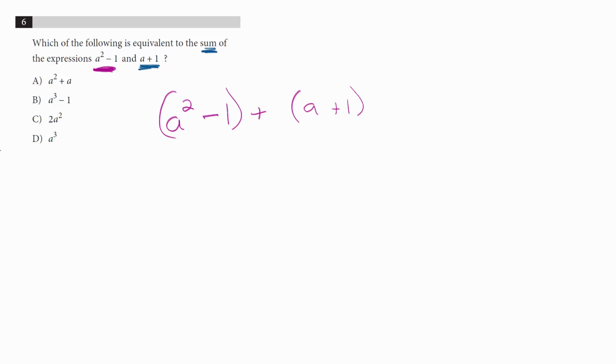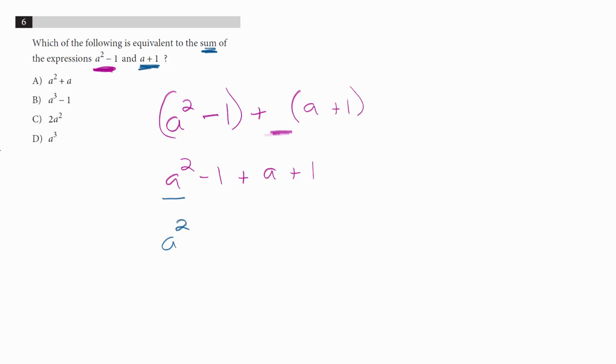So to combine them, we got to get rid of the parentheses. There's no coefficient outside this first expression, so pretty much the parentheses can be eliminated. A squared minus 1 plus a plus 1. And now all we have to do is combine like terms and simplify. There's only one term with a in it that is raised to the second power, so a squared remains the same.